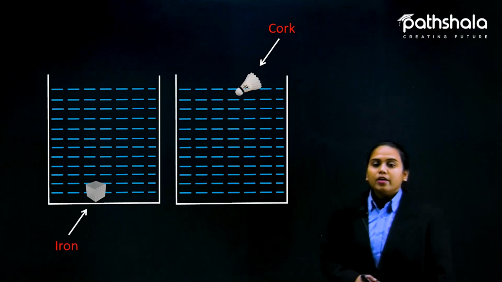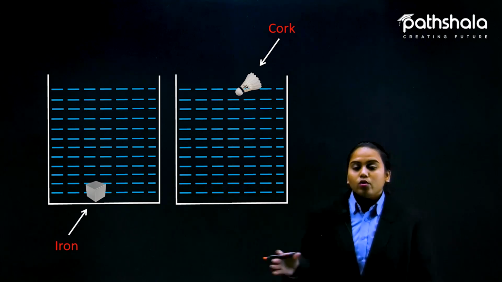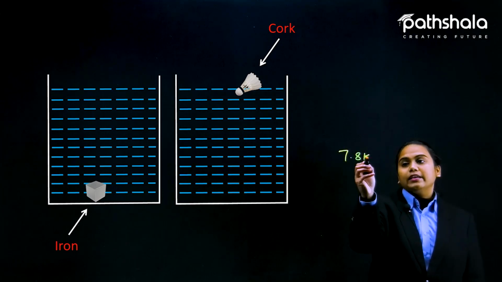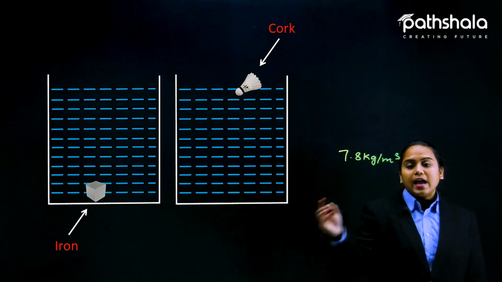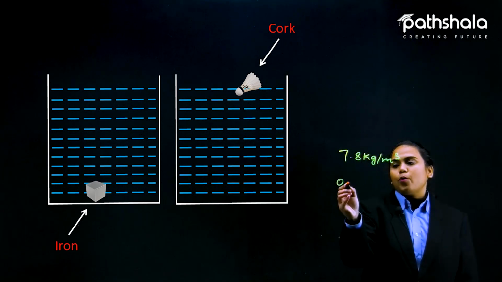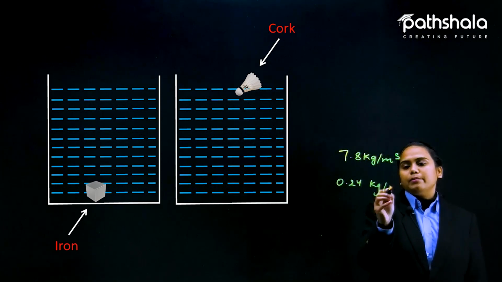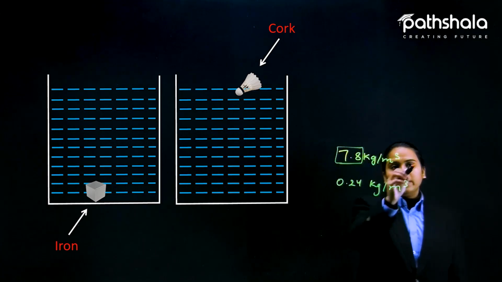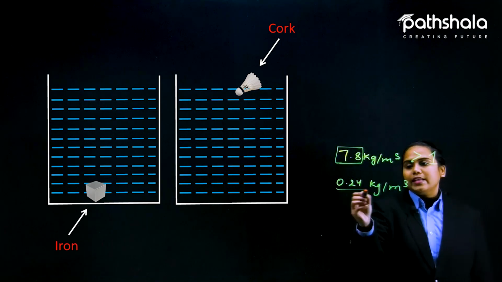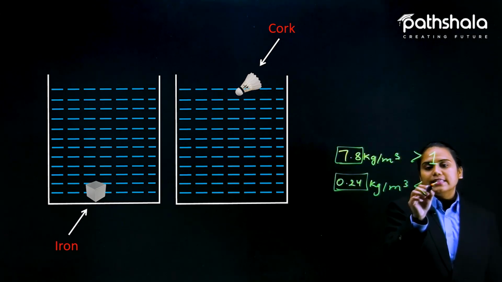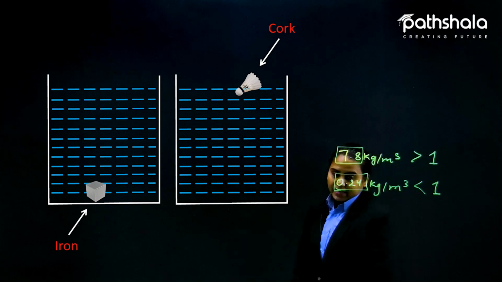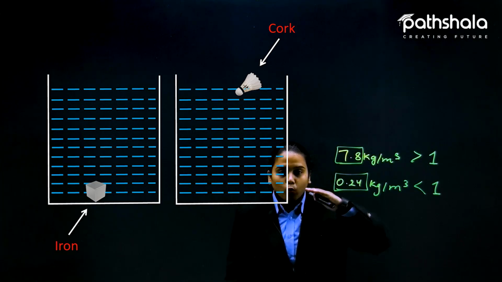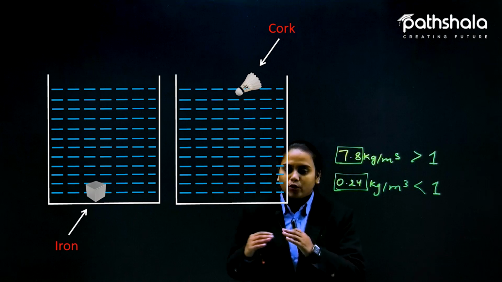So students, here we have a diagram. As you know, the relative density of the iron was 7.8 kilogram per meter cube, and the coke part was 0.24 kilogram per meter cube. Now, as you can see, 7.8 is greater than 1, and 0.24 is less than 1. So this gives you an idea of which object will float on the water and which object will sink into the water.